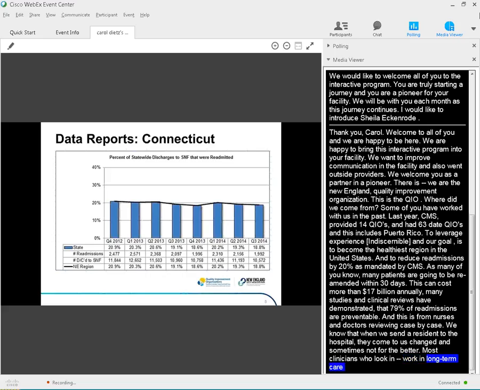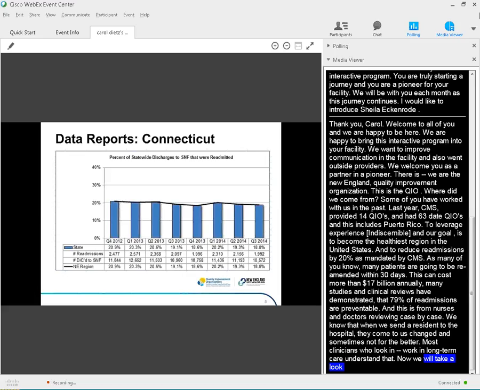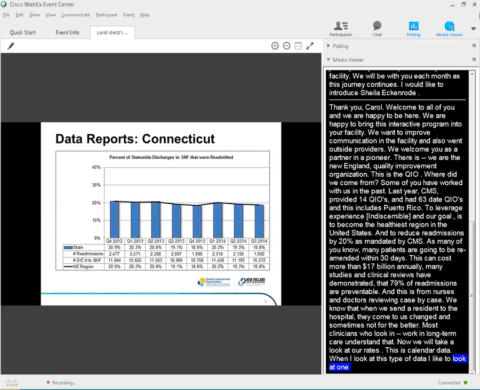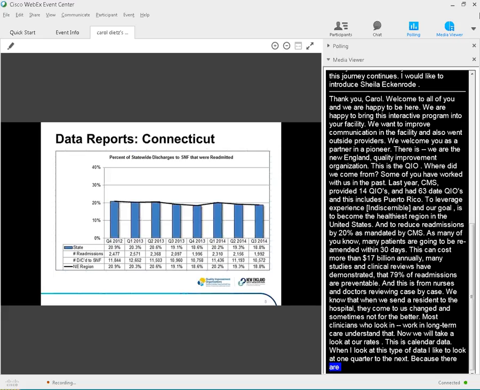We'll take a quick look at our readmission rates from SNFs to acute care facilities by state. And this is calendar data, so when I look at this type of data, I like to compare one quarter to the next because we know that there are real seasonal variations in hospitalization rates among the long-term care population.